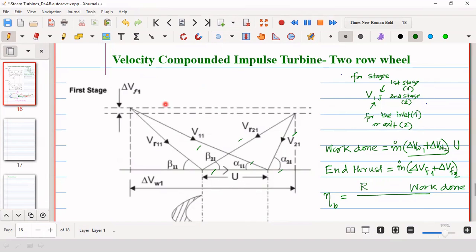This is rate of work done, that means power developed. Let me write properly. So rate of work done divided by the rate of kinetic energy from the nozzle exit.